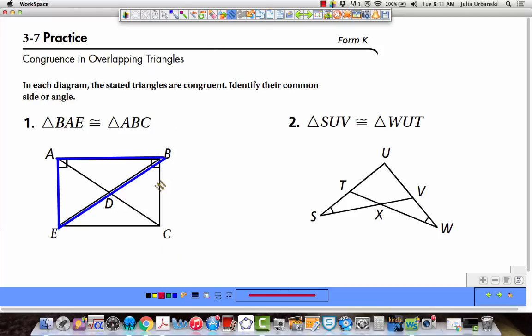So let me draw the red triangle. A, B, C. Can you see A, B, C on your own there? Now, if you're doing this and you don't have colors, all you have to do is redraw them. You have triangle A, B, C, and then you have A, E, B. Okay, so now the question is, what piece, either an angle or a segment, is shared, is common between them, is reflexive?